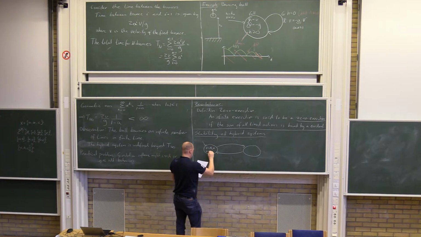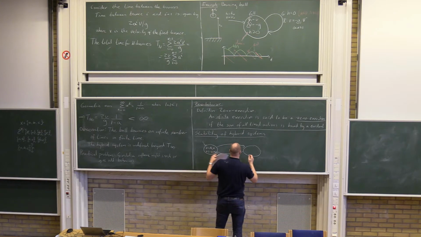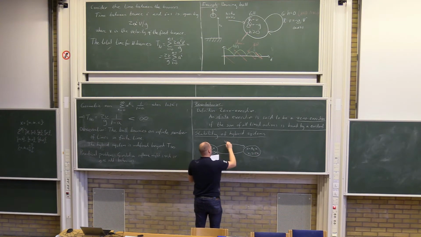I have some invariant here. And then, so we have A1 here, and then we have x dot is equal to A2x. And then we have a transition.